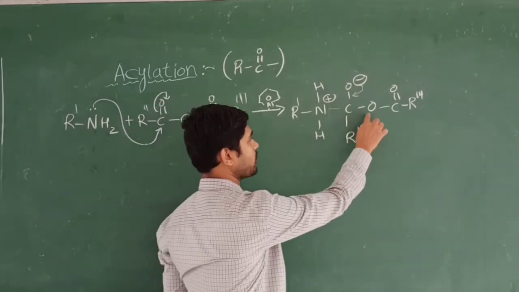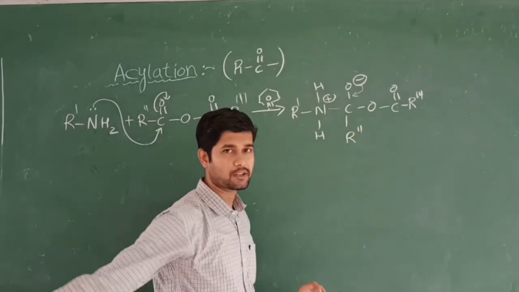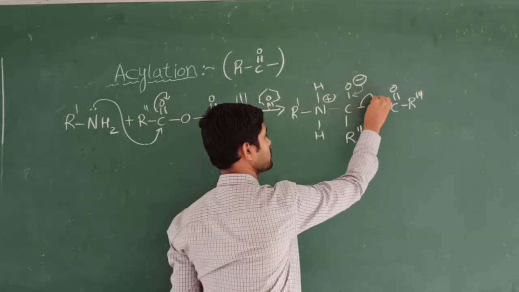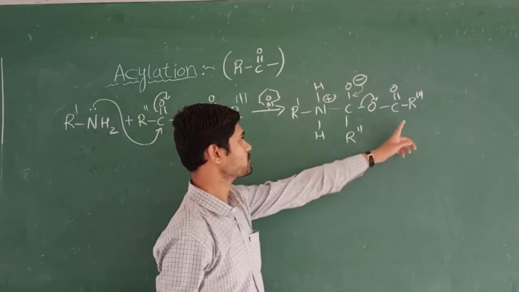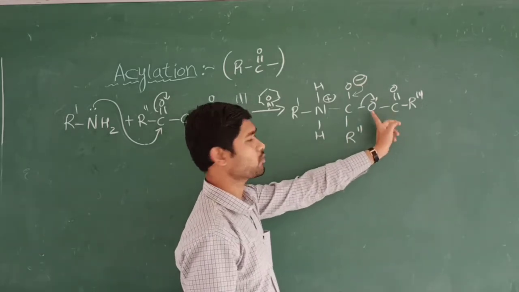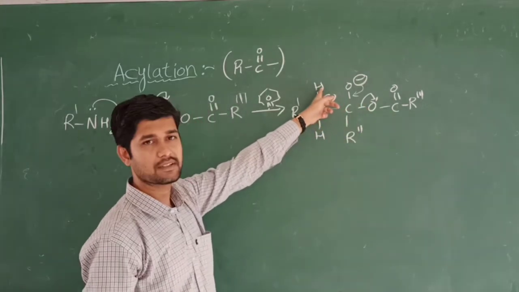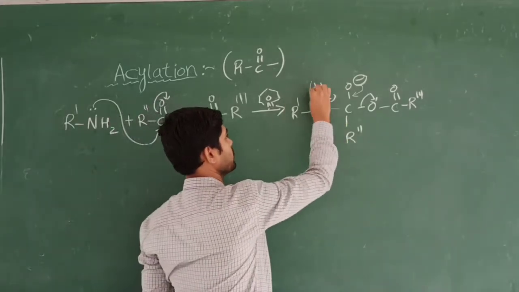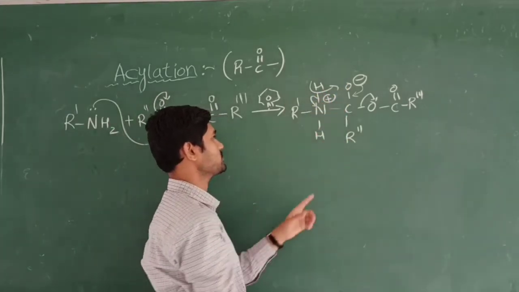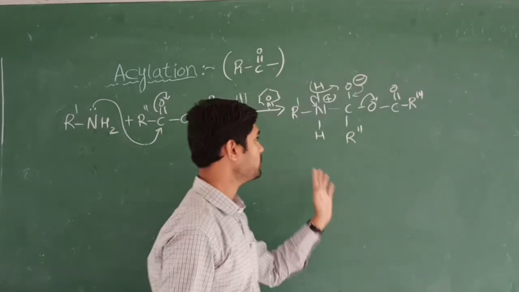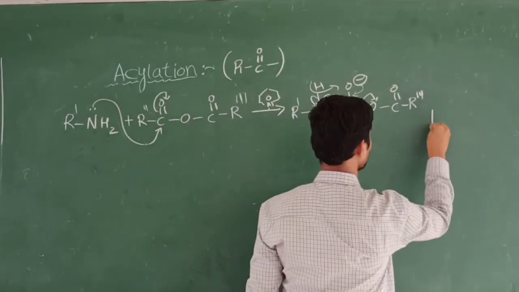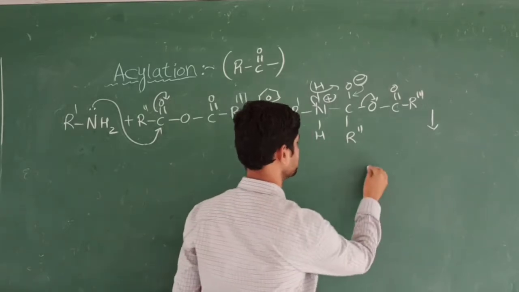So when this bond migrates, the carbon becomes 1, 2, 3, 4, 5. You know that carbon is tetravalent, and oxygen is more electronegative, so this bond migrates towards the oxygen to become O minus. Now it becomes R triple dash C double bond O minus. And this hydrogen leaves as H plus, because this bond is utilized for the nitrogen. Now I write the product.